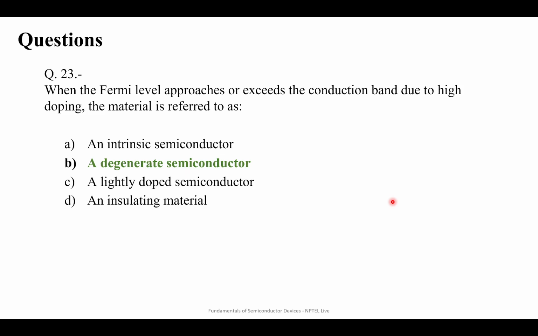So your Fermi level is following the similar statistics and not the Boltzmann statistics that it would generally follow. And in this sense, it is called a degenerate semiconductor.